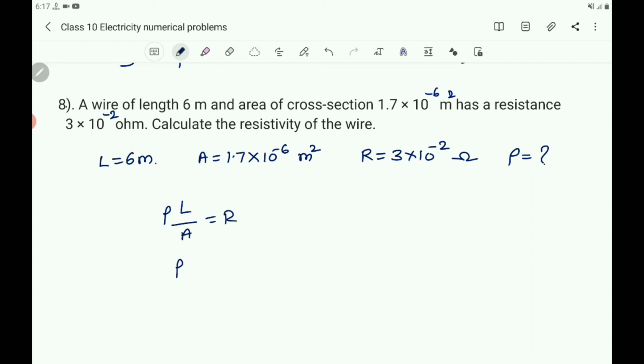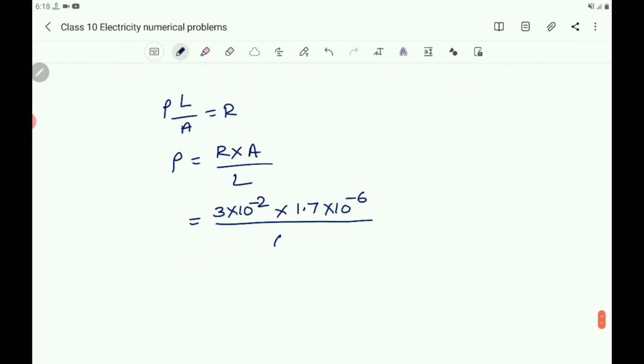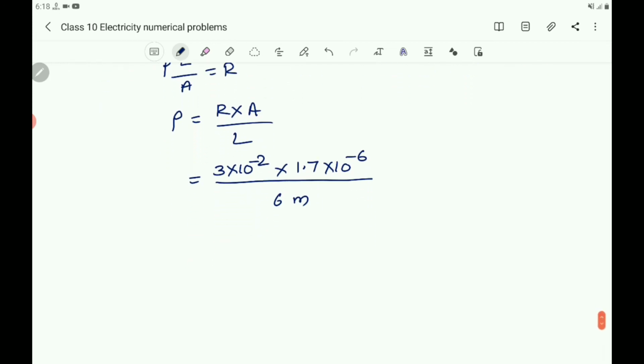So you can write rho equals resistivity equals R into A by L, that is R is 3 into 10 power minus 2. Area of cross section is 1.7 into 10 power minus 6. L is 6 meter.